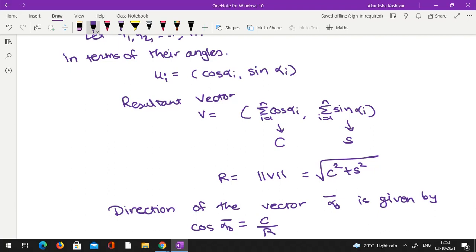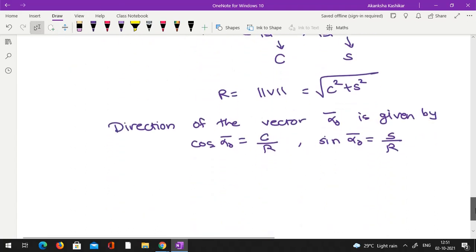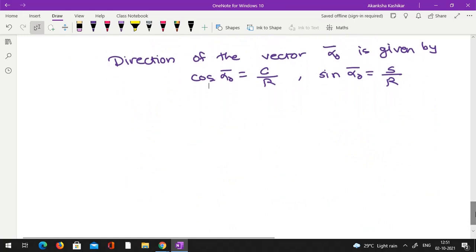So it is such that cos alpha naught bar is C upon R and sin alpha naught bar is S upon R. Are you getting what I am doing? I have computed a resultant vector, and we know that the first coordinate is supposed to be the cos of that angle and the second coordinate is supposed to be the sin of the angle. So the angle of the resultant vector, alpha naught bar, is such that cos alpha naught bar is C by R and sin alpha naught bar is S by R. Okay. So from this we can actually compute alpha naught bar.